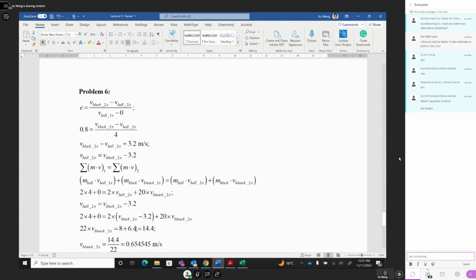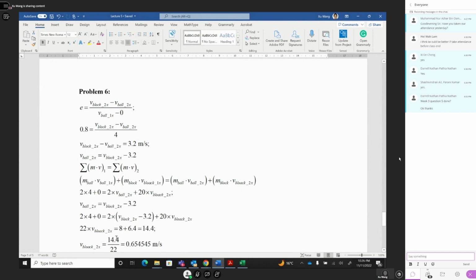Very simply, you can do it this way. From this equation, you move this equation down, and you replace this ball velocity 2. This 2 multiplied by 4 is here. This v ball is replaced by this one, plus 20. And 2 v ball plus 20 v ball is 22 v ball, right? This minus, multiplied by this 3.2, becomes 6.4.